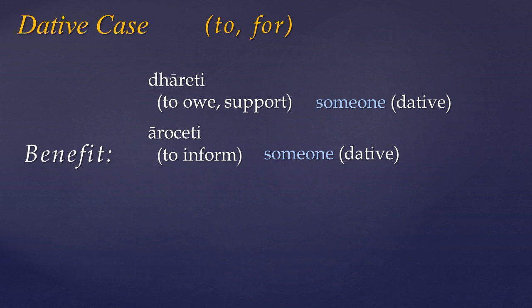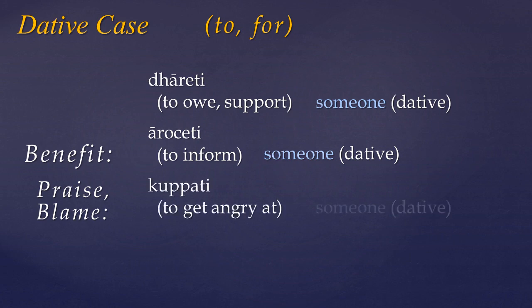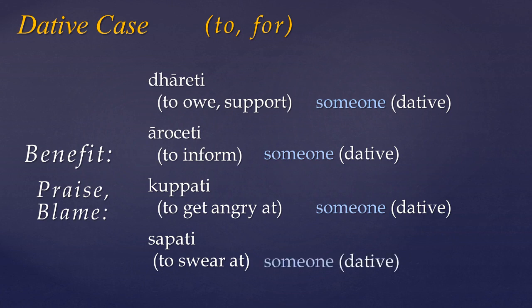But interestingly, the dative is also used with verbs of praising, blaming, and anger. For instance, the verb to get angry, the person with whom we get angry is in the dative. And the same is true of the verb to swear or curse at someone. The person cursed at is in the dative case. Well, hopefully you get the idea.